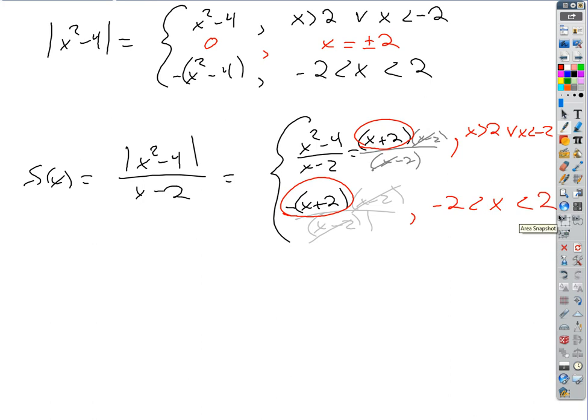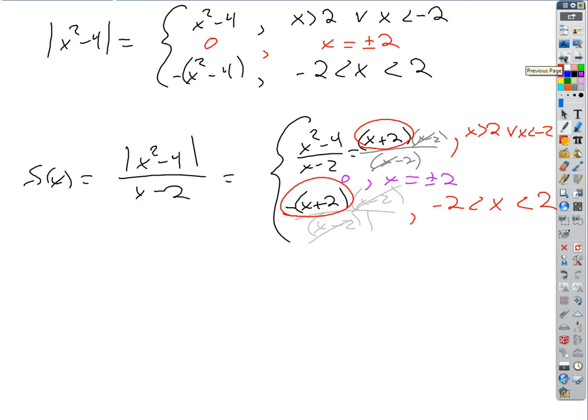And I'm between negative 2 and 2. Okay. And then we already know in the middle, I guess I should include that, it's 0 when x equals plus or minus 2. So what's our limit going to be then?